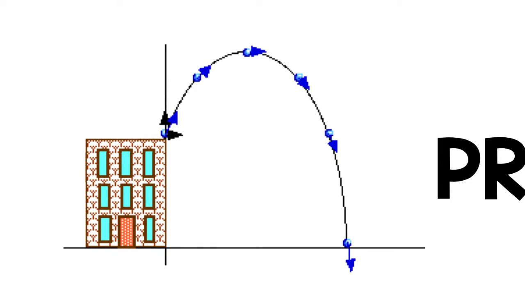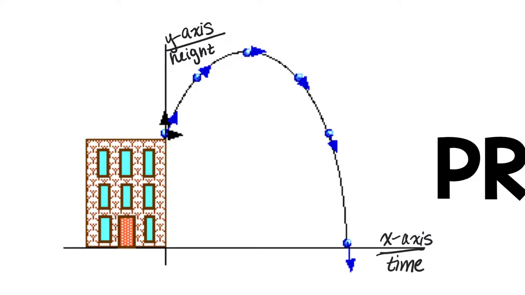So if I was looking at the key features of this particular path of the object, I have my y-axis and I have my x-axis. As the object is being launched, my y-axis is going to represent the height of the object, while my x-axis is going to represent the time that the object was in the air.